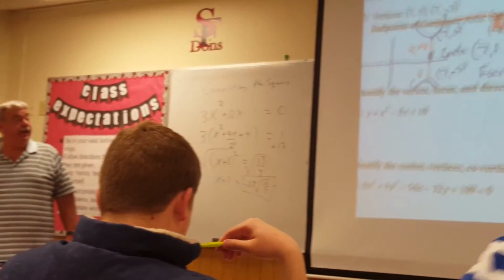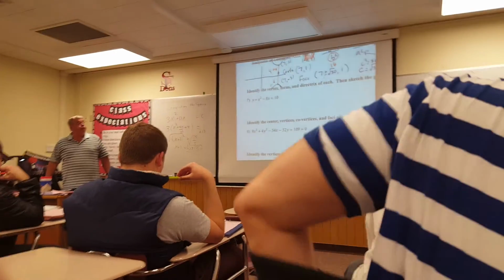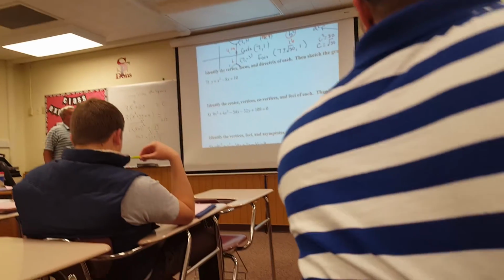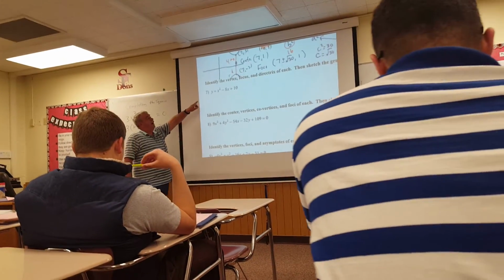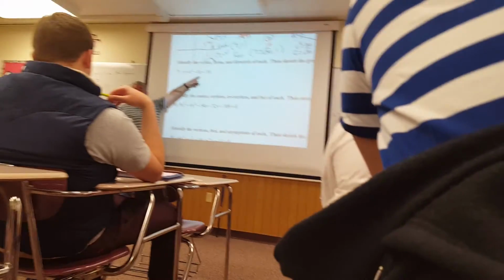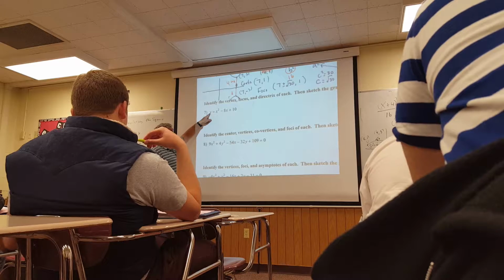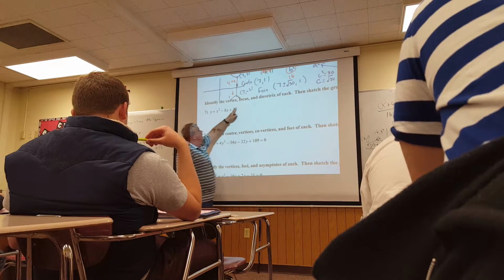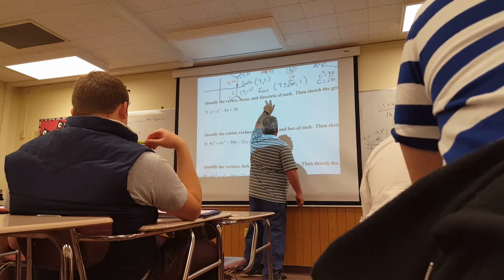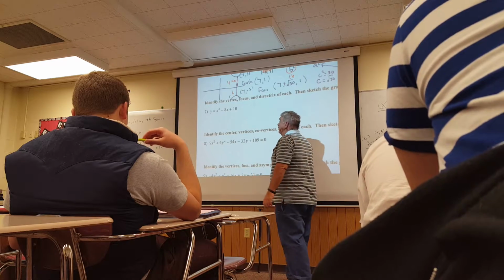Now, this is the messy one. Okay, now this is a parabola right here. The y term is not squared, okay? And they ask you for the directrix. It sort of helps us out, okay?